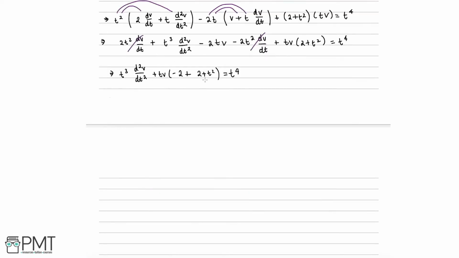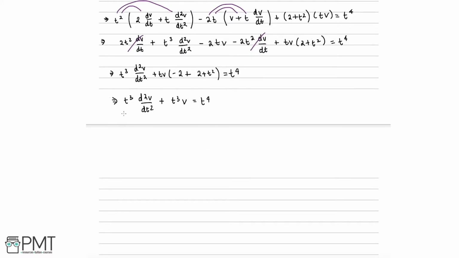This can be simplified because minus 2 plus 2 is equal to 0 to give you just t to the power 3 multiplied by the second derivative of v plus t cubed multiplied by v is equal to t to the power 4.